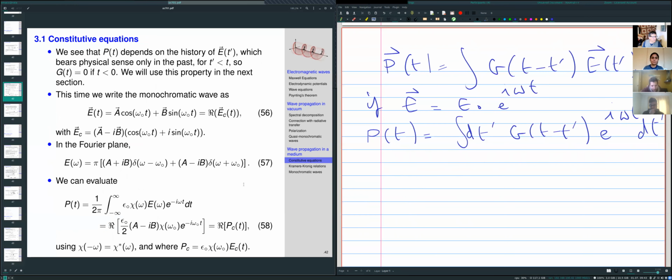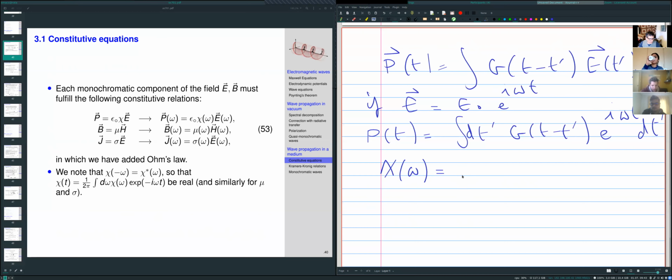So we have that chi of omega is going to be the integral over dt of chi of t e to the i omega t.